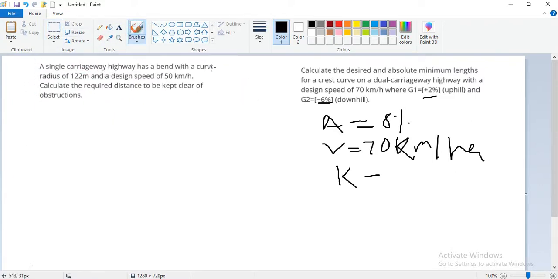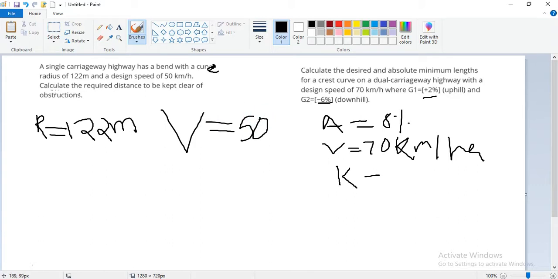Here it is a curve with a radius of 122 meter. Design speed V is 50 kilometer per hour. Distance required to keep clear of obstruction.